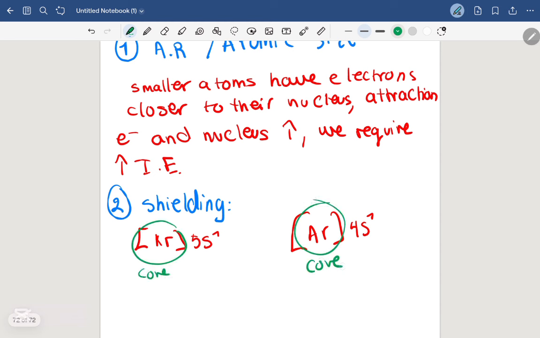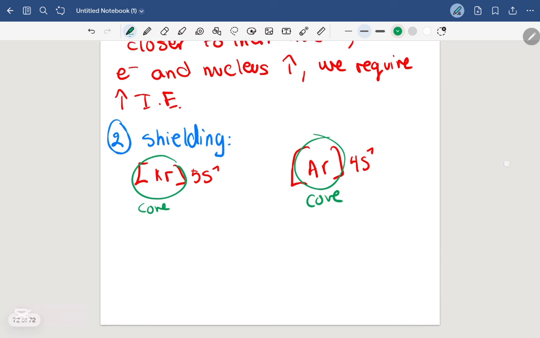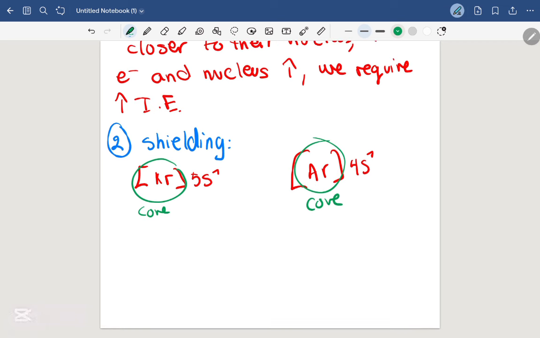So what does that mean? If it has more core electrons, there are more electrons protecting the nucleus, right? And if there are more electrons protecting the nucleus, the valence electrons will be at a farther distance from the nucleus. And if they are at a farther distance from the nucleus, they are going to have less attraction.